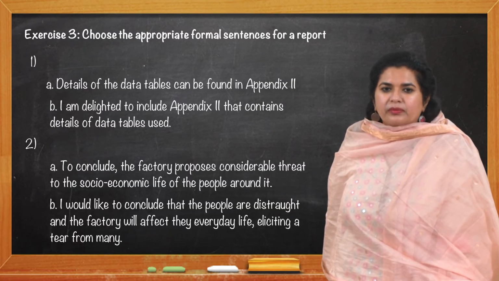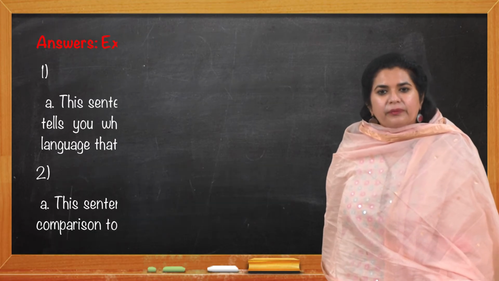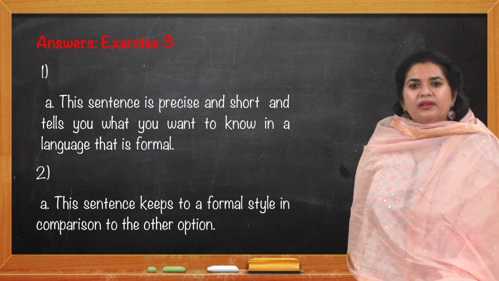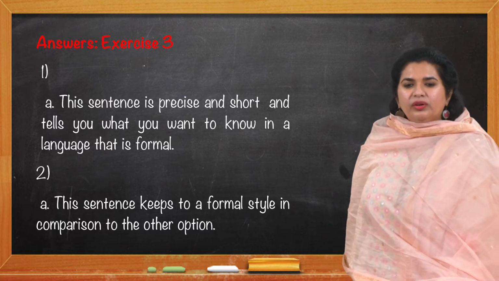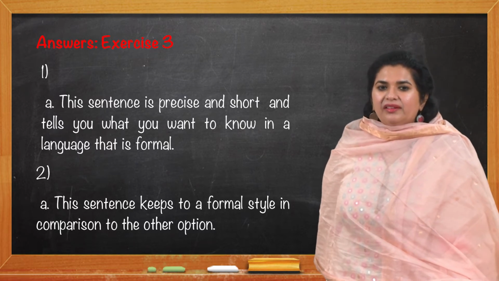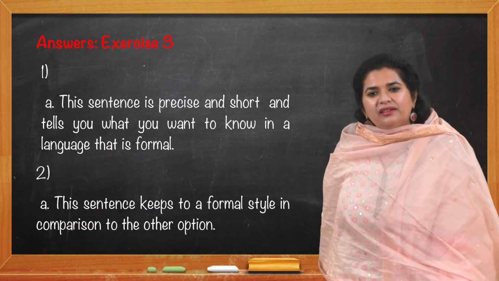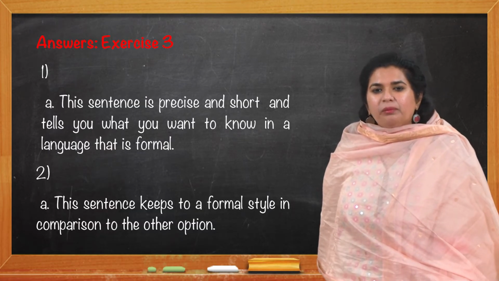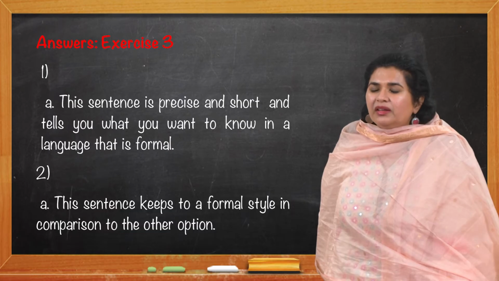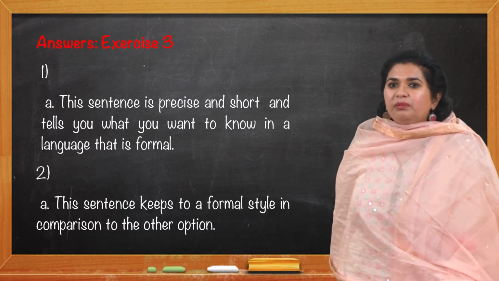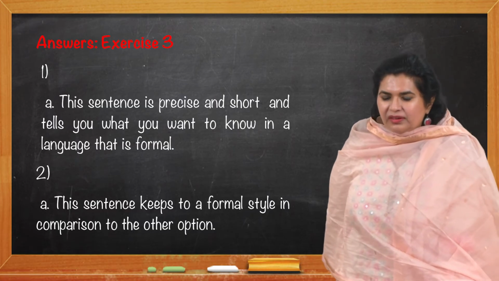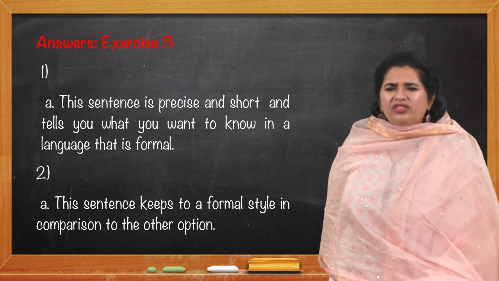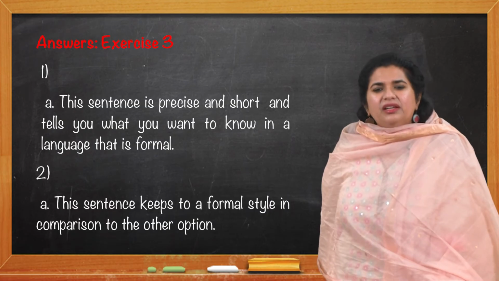A. Here you are given the answer: the sentence is precise and short and tells you what you want to know in a language that is formal. And second, again A, this sentence keeps to a formal style in comparison to the other option B. We do not want to say that people are distraught, and that if there is any change, there will be many a tear from the people.